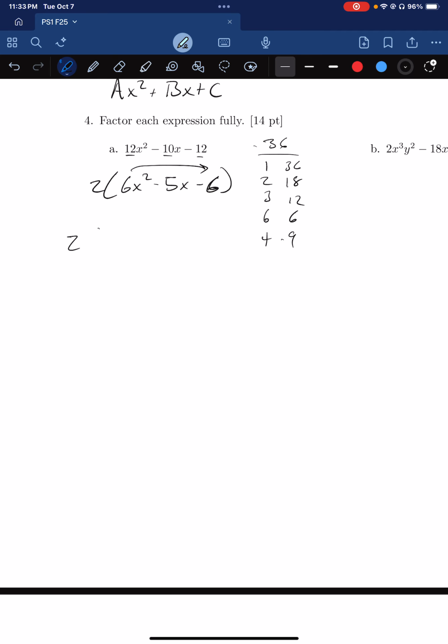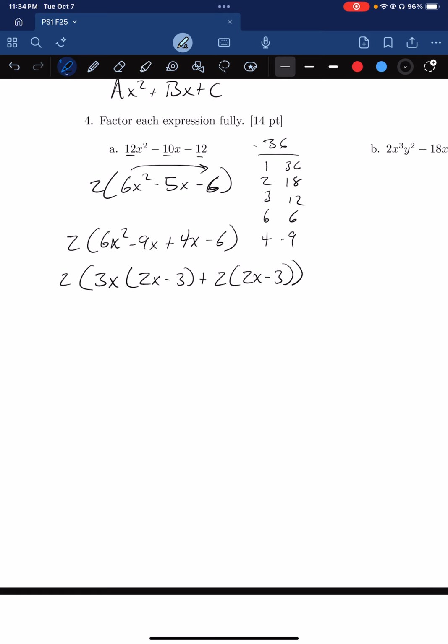So we'd get 2 times, and then rewrite this as 6x squared minus 9x plus 4x minus 6. And let's see what we can factor by grouping here. These have a common factor of 3x. So we'll leave this 2 on the outside, 3x times 2x minus 3, plus we could pull a 2 out of here to get 2 times 2x minus 3.